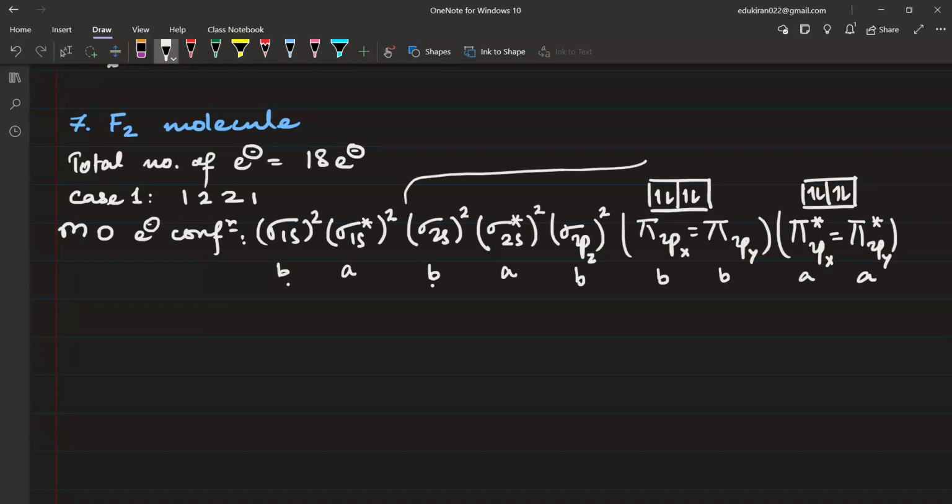Okay. To talk about everything in the molecular orbital configuration, we write this as KK. We write this as KK. Someone tell me, what is KK?